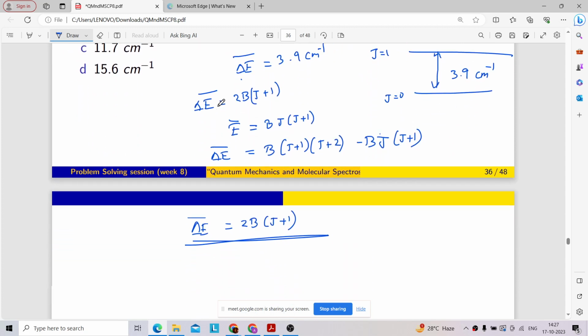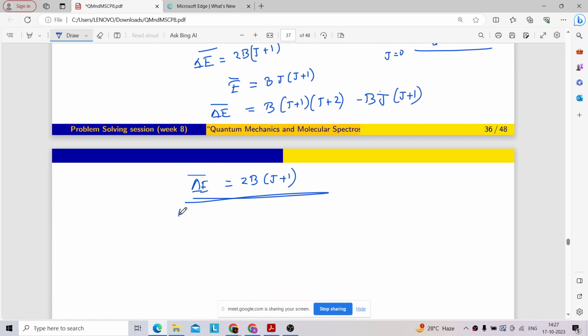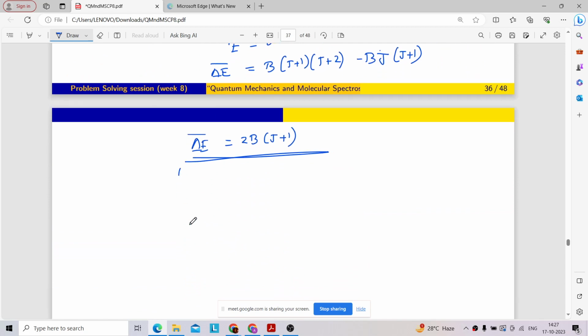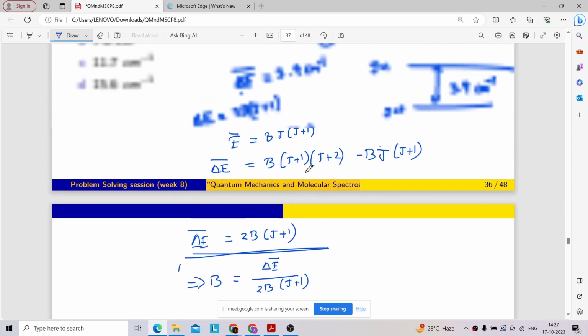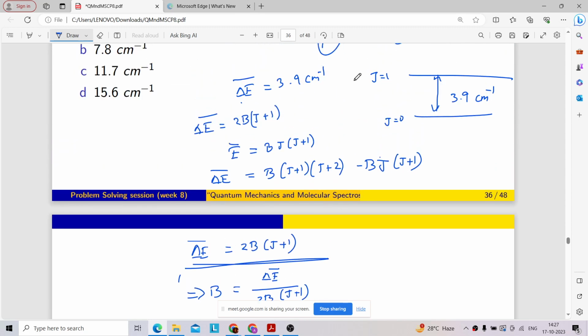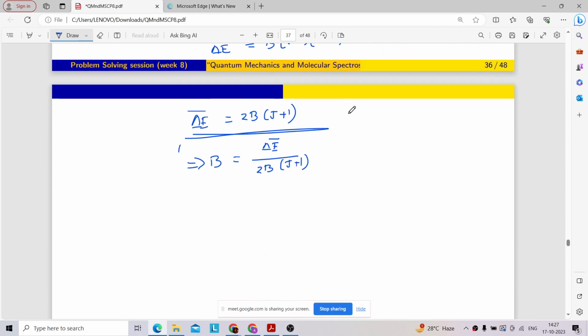So this is 3.9. From this we can get B. So B we can write as delta E bar over 2 times J plus 1, right? And as the transition is happening from 0 to 1, the J value will be 0.